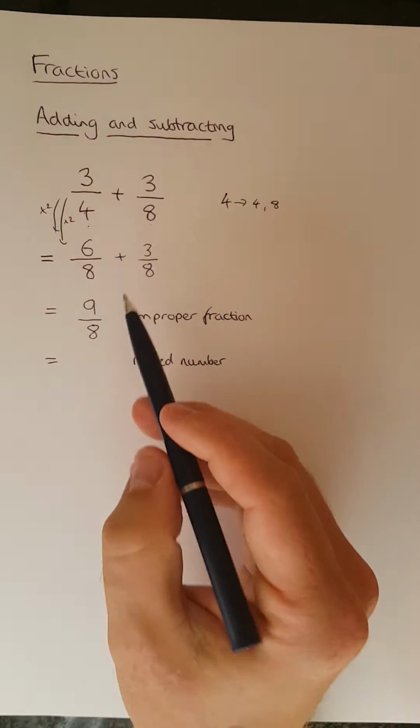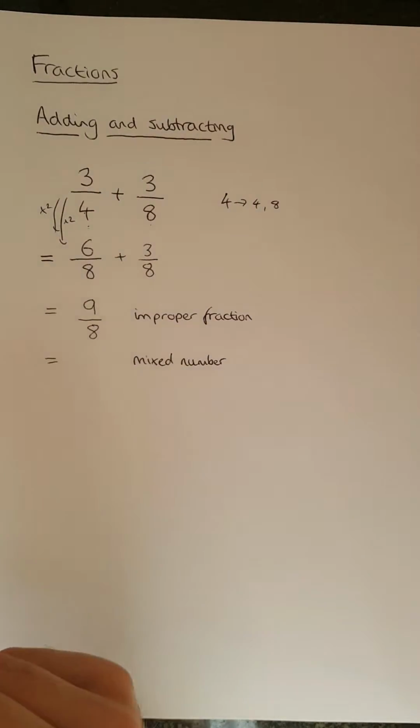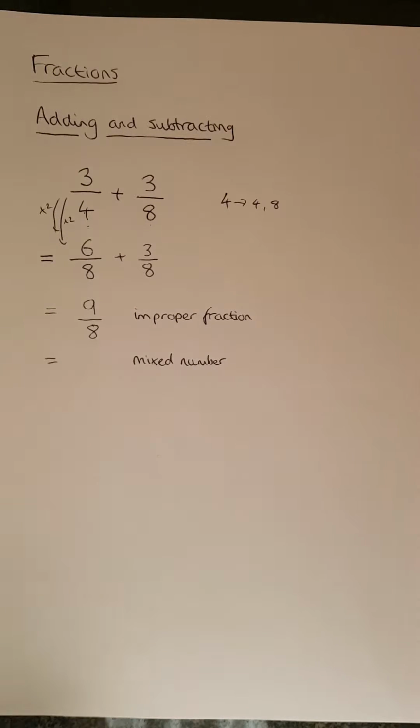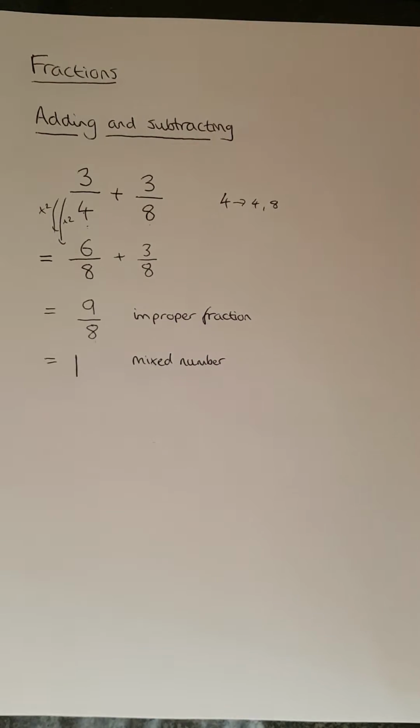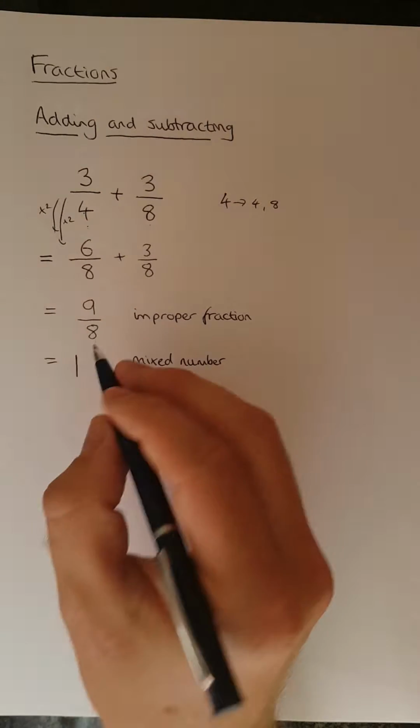So, look at the fraction and remind yourself what this denominator means. It means how many pieces are needed to make a whole one. Do we have enough pieces to make a whole one? Yes, we do. How many pieces do we have left over? Good.